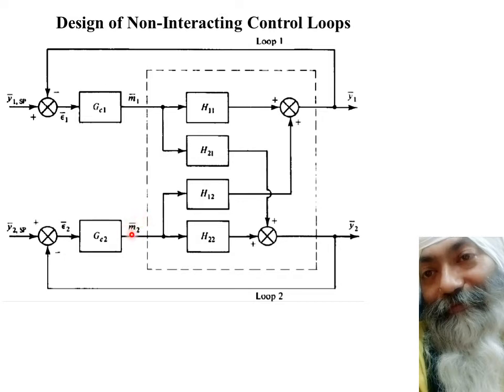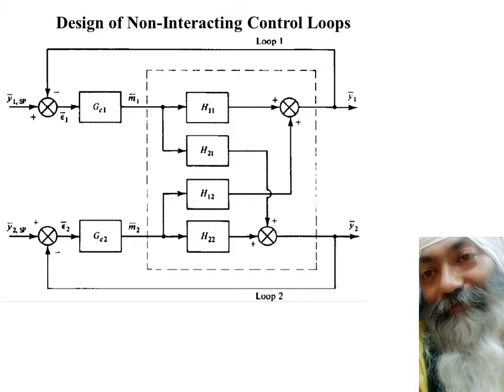But this m2 in a way influences the upper loop y1. For this y1, this m2 is acting as a kind of disturbance. So what is happening ultimately is that the upper loop is disturbing the lower loop, and the lower loop is disturbing the upper loop without any possible cause or reason as such.